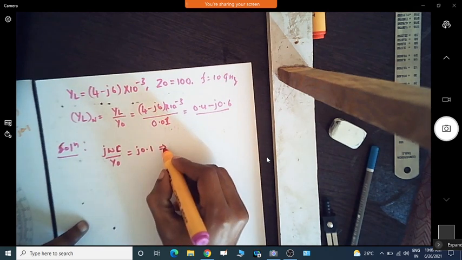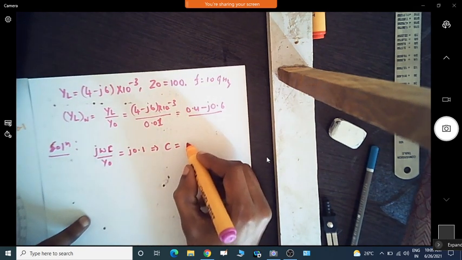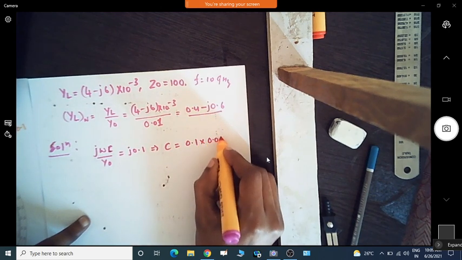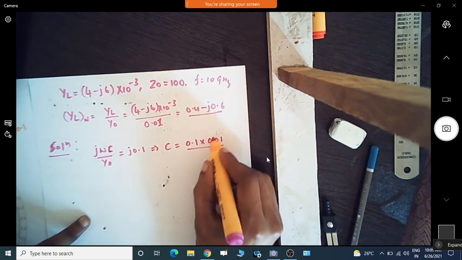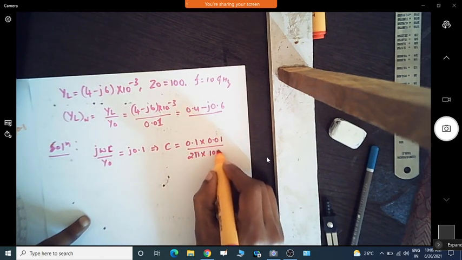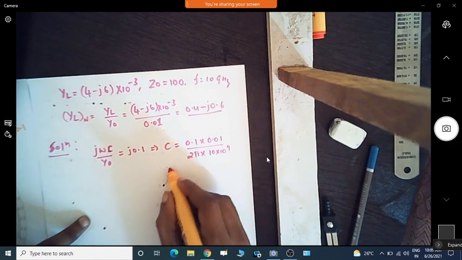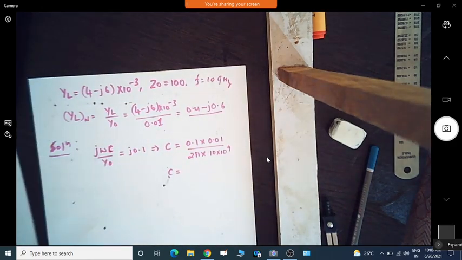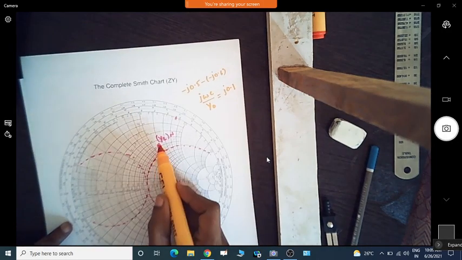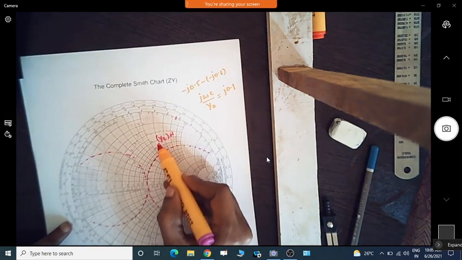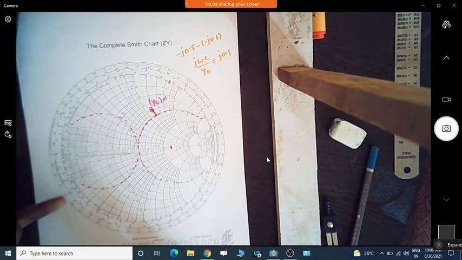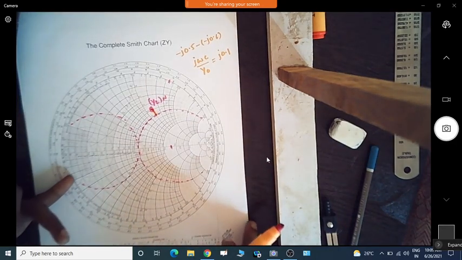From this you can calculate the capacitance, which is 0.1 into 0.01, the Y0 value, divided by omega. Omega is 2 pi into 10 into 10 power 9. So calculate the value of the capacitance. This is the shunt capacitor, offering j0.1 susceptance.